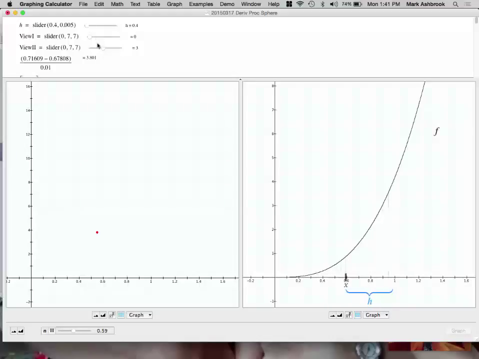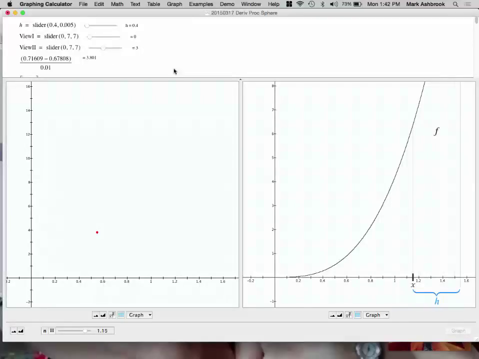Let the interval travel with the current value of x. So it's continuous, right? For any value of x, we get some different rate of change associated with that value of x, rather than the rate of change being the same in every predetermined interval.